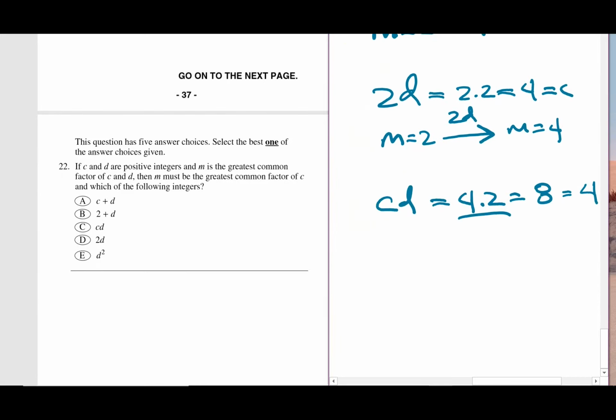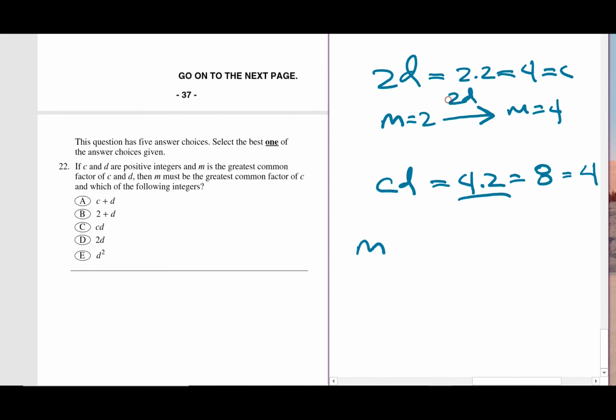Well, the initial factor of C and D was 2. When we multiply by CD, you get 8, which is a multiple of 4, which happens to be a factor of C, which means that M becomes 4.